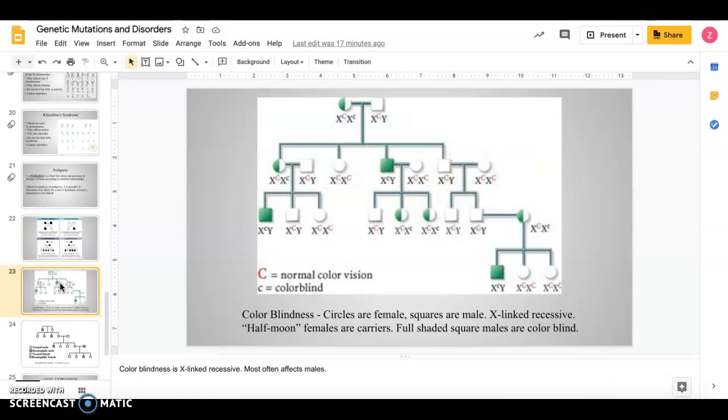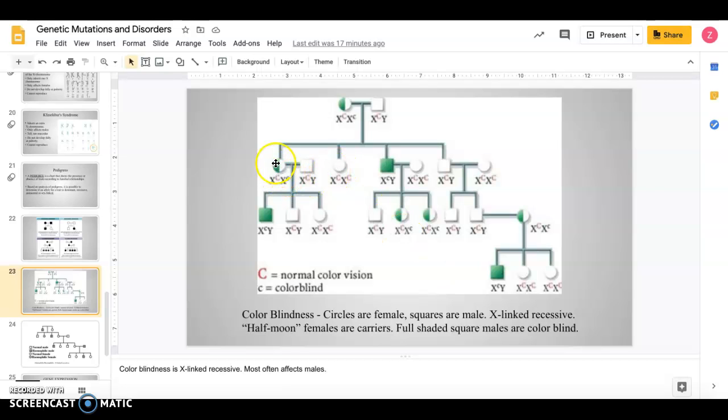Now let's take a look at a specific pedigree for a specific condition. Colorblindness is X-linked recessive, so it most often affects males. In this pedigree, circles are females, squares are males. And yes, this is X-linked recessive.